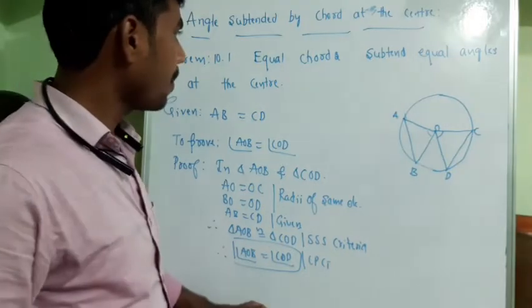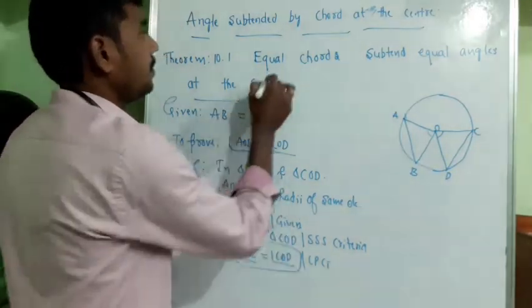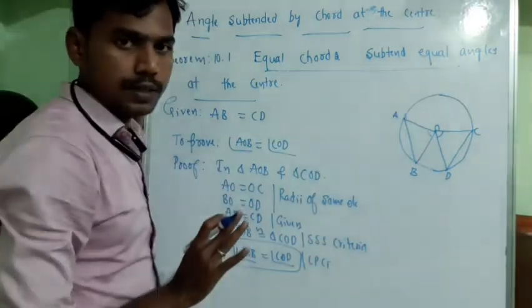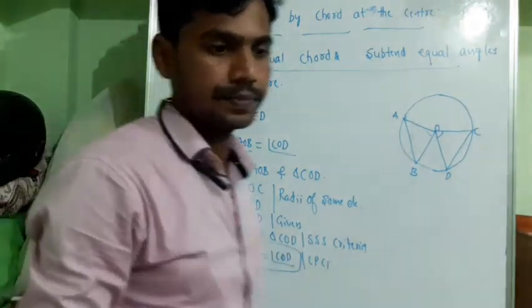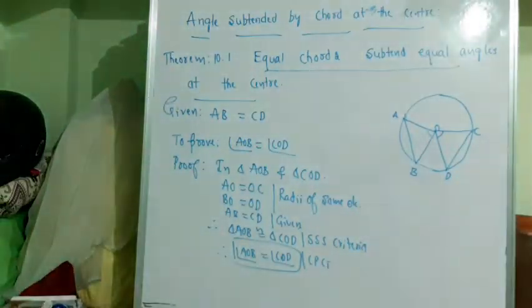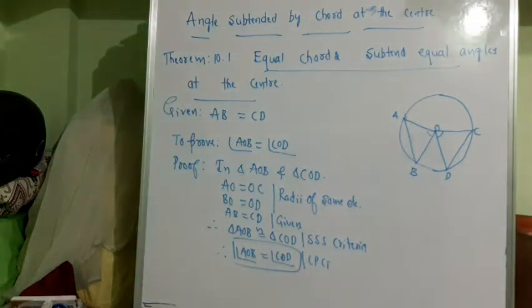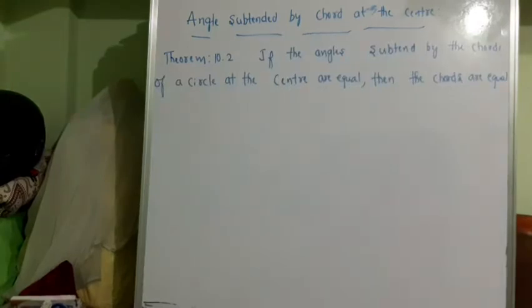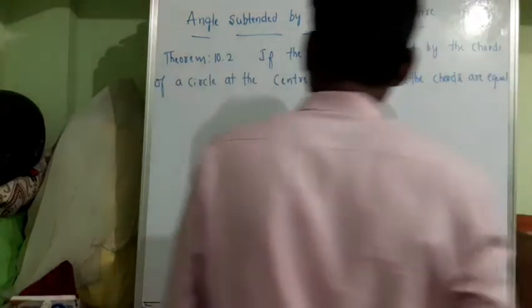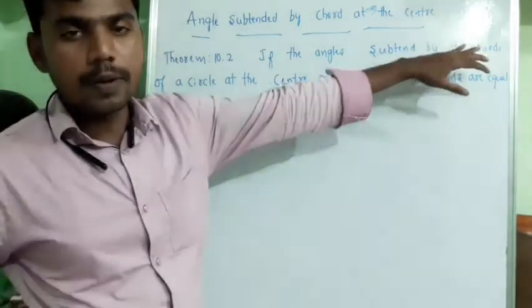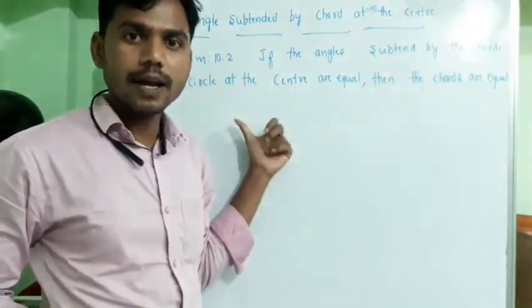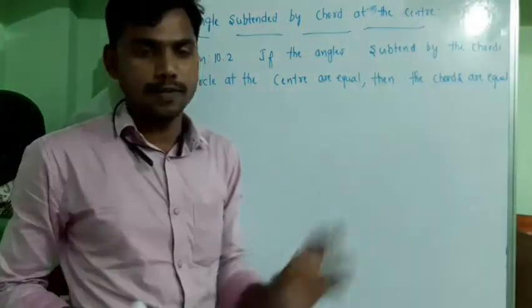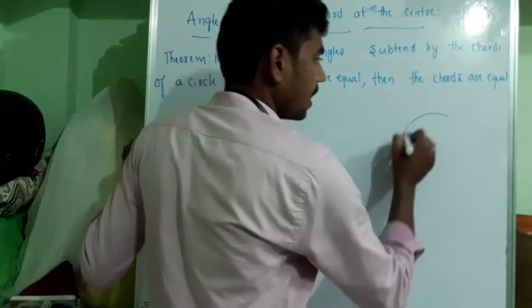The theorem itself is not that important, but the proof is very important. Understood? Please note this down. Theorem number 10.2 is the converse of theorem 10.1. If the angles subtended by the chords of a circle at the center are equal, then the chords are equal.